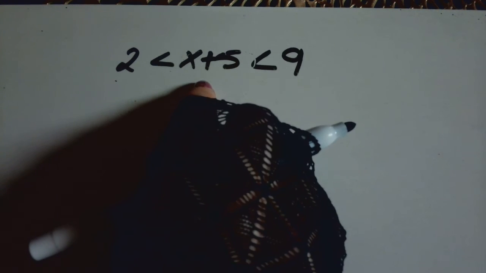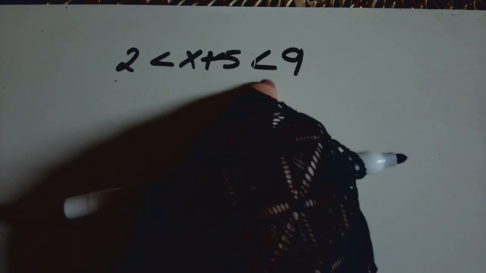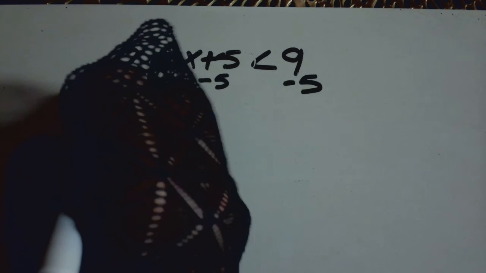So we have to solve it like we would an equation, but you have to think about having like equations on both sides. So I've got a plus 5 and I need to bring it here, and I need to bring it to both sides, the left and right. So I'm going to subtract 5, but then I'm going to subtract 5 on the right side, and I'm going to subtract 5 on the left side.